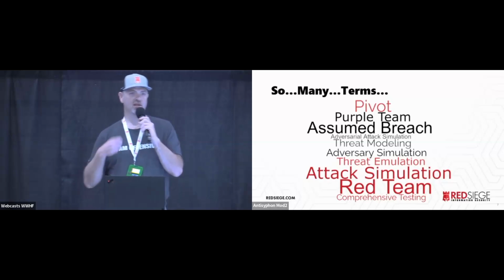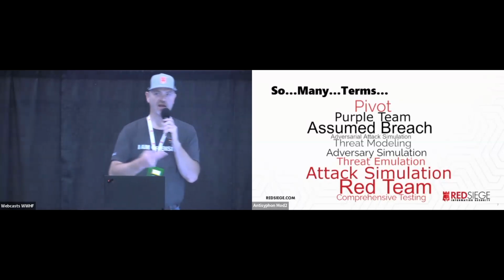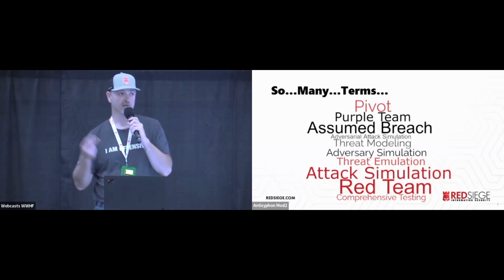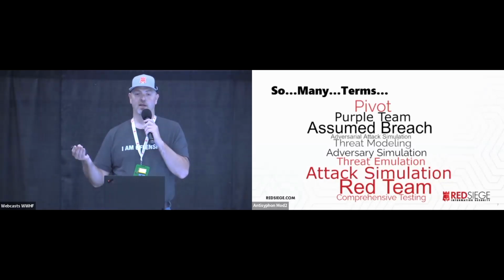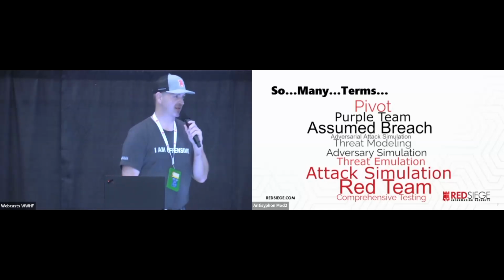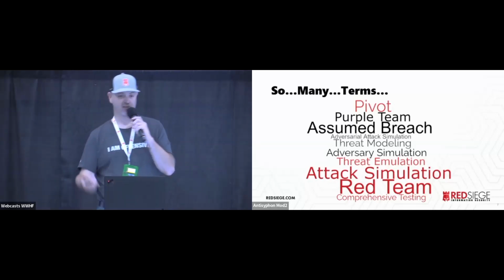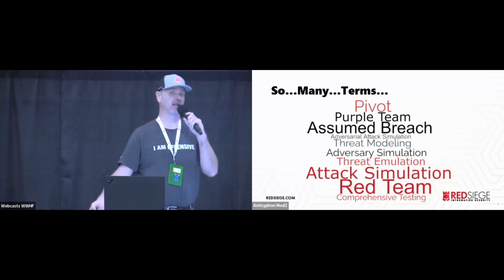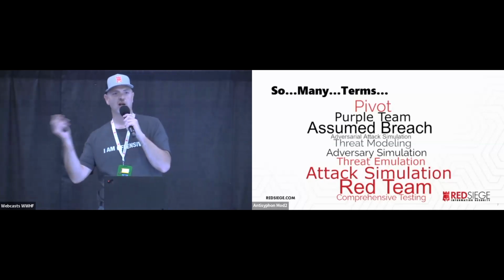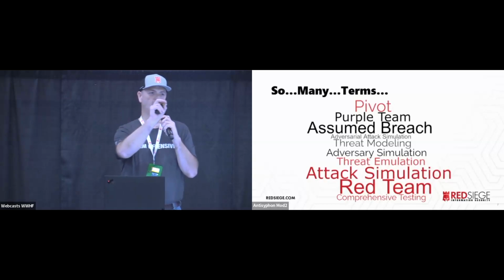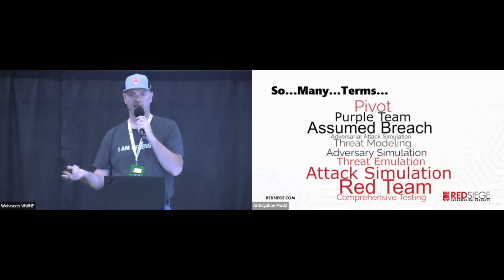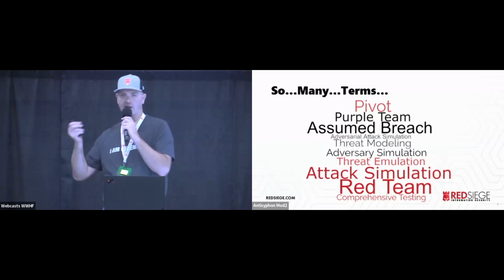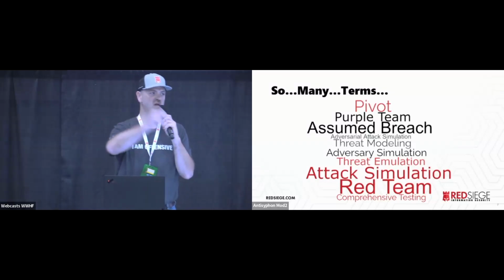But in the same vein, I saw companies calling red teams a red team, comprehensive testing, adversarial attack simulation, threat modeling, adversary simulation, all these different terms. But when you read the blurbs about what the test is, they were all talking about a red team or an assumed breach.